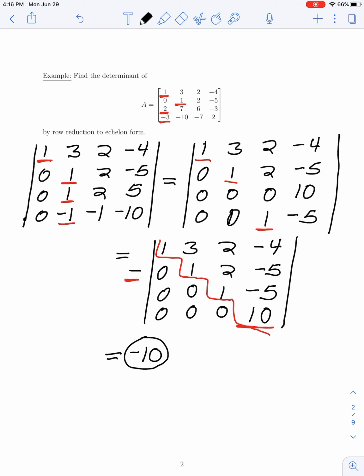Of course, we could have obtained the same thing by using a cofactor expansion down the first column since it contained a 0, or maybe across the second row. But then we're having to take determinants of 3 by 3 submatrices, which starts to get a little tedious. And here the row reduction was not very difficult. All right.